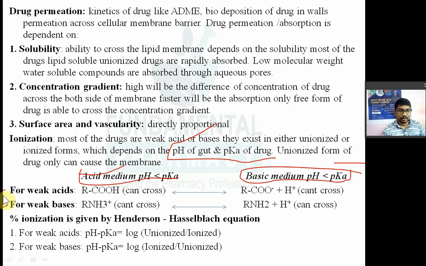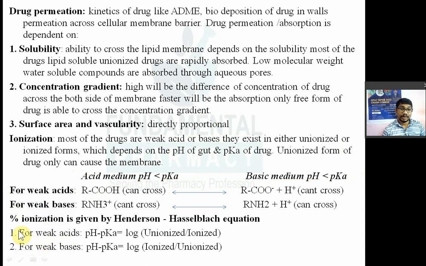That's why they can easily cross the cell membrane, and therefore most of the weak acids are absorbed from the stomach. The unionized form of the drug is lipid soluble and it can easily cross the cell membrane.